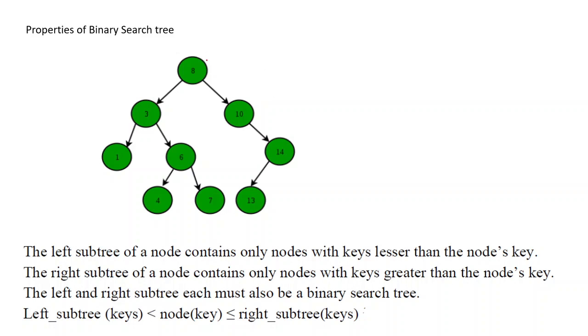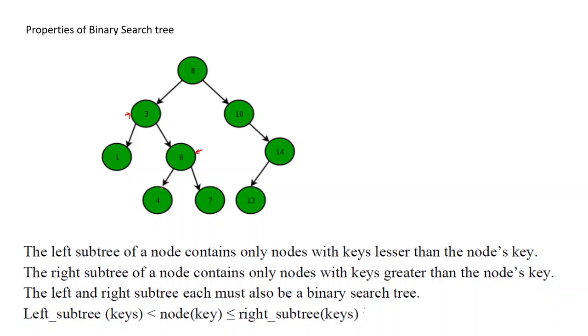Now if we consider a single node, let me consider this particular node 3. See, the left child contains a value 1 which is less than 3, and the right child contains a value 6 which is greater than 3. Now let us consider this node 6, since 6 has children.